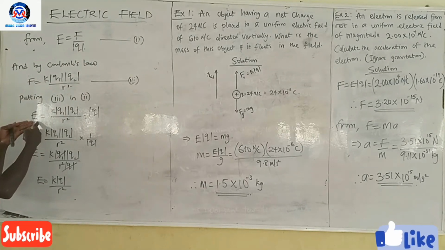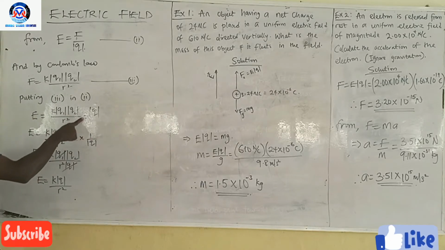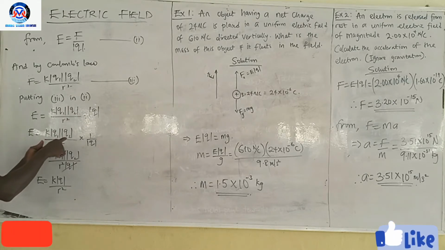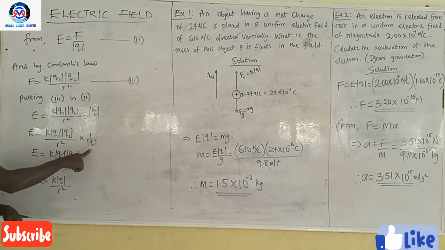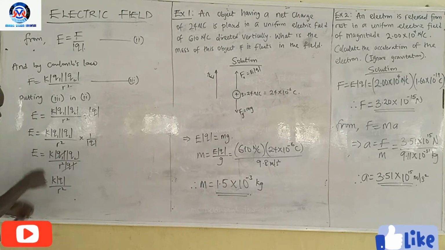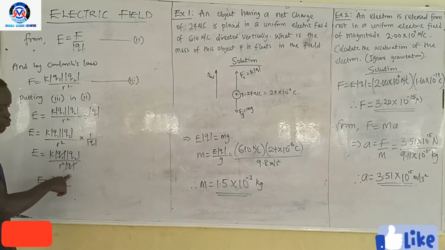Changing this division to multiplication, we have K multiplied by the magnitude of Q1 multiplied by the magnitude of Q2 over R squared, multiplied by 1 over the magnitude of Q. Multiplying these together, the electric field is K multiplied by the magnitude of Q1 multiplied by the magnitude of Q2 over R squared multiplied by the magnitude of Q.